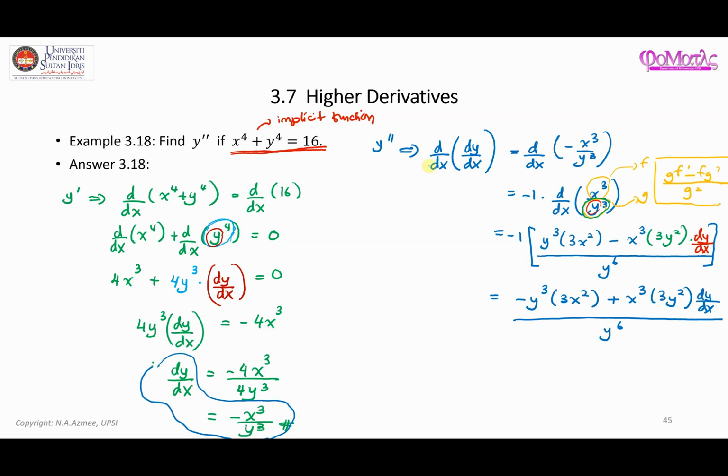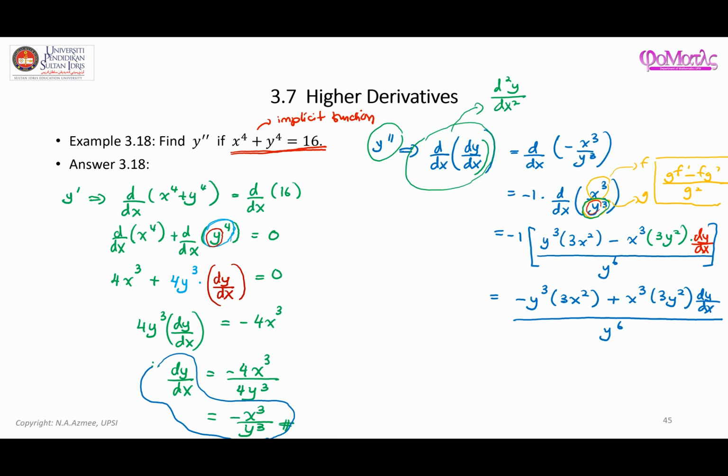Now just notice that on the left hand side, this is just the second derivative. We don't need to do anything with this. It basically means you differentiate the result of the first derivative, and that is the result of the second derivative, which is y double prime. So we don't need to do anything with the left hand side. This is just the same thing as using the operator d squared y over dx squared, the notation of the second derivative.